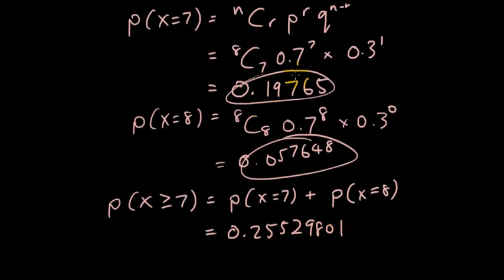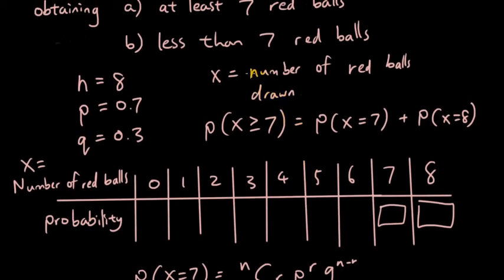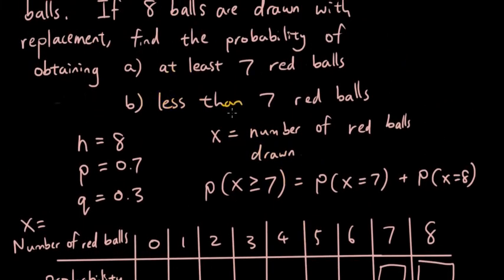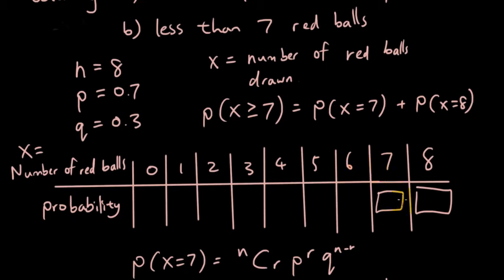Okay, so let's go back to our second question, and that is, what is the probability of getting less than 7 red balls? In other words, we want the probability of X being smaller than 7. And you can see here in our table, we've got the probability of X being at least 7.